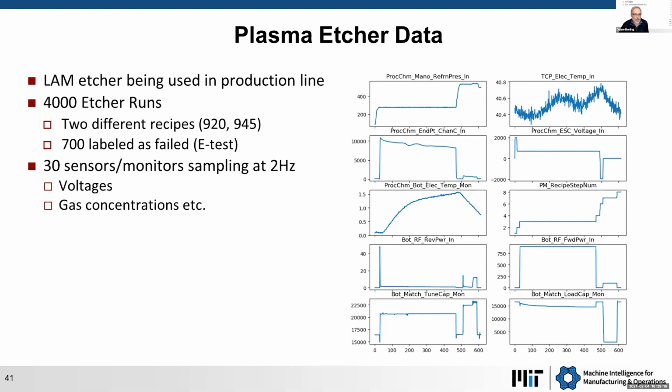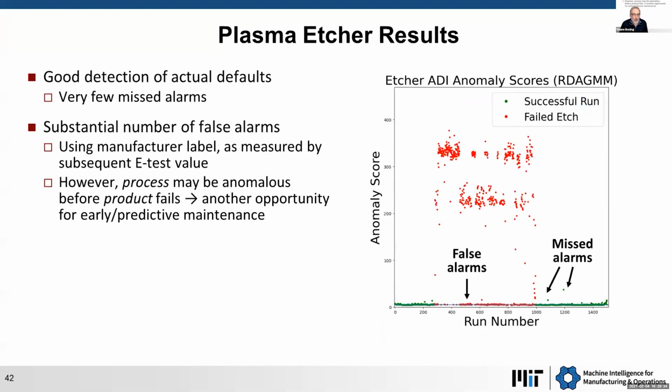So we have 4,000 Etcher runs. And again, the manufacturer here had historically experienced some actual faults. So here, for our testing purposes, we also knew what they had declared as bad runs and good runs. And what we find here is, again, pretty good results.